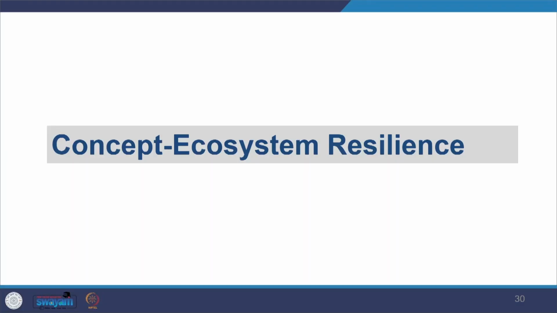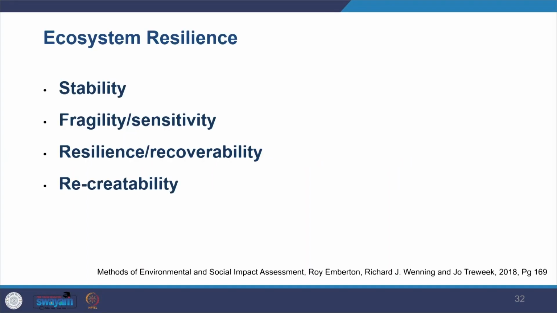So now looking at ecosystem resilience, what does this mean? Ecosystem resilience means the stability, how stable your environment is, how fragile or sensitive it is to changes, and when we say resilience, what's the capacity to recover and recreate itself from whatever destruction has been done.